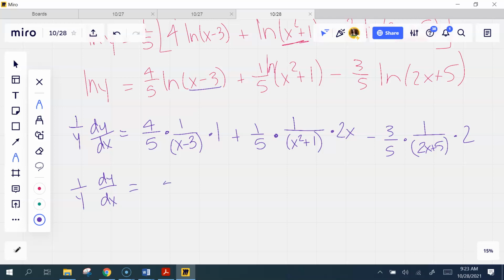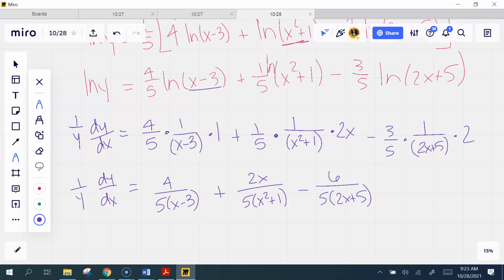I've got 4 over 5 times x minus 3 plus 2x over 5 times x squared plus 1 minus 6 over 5 times 2x plus 5.